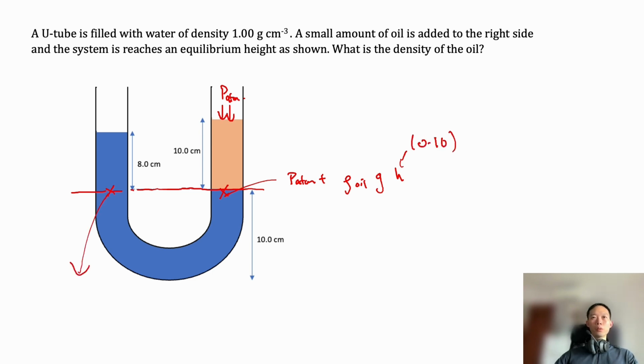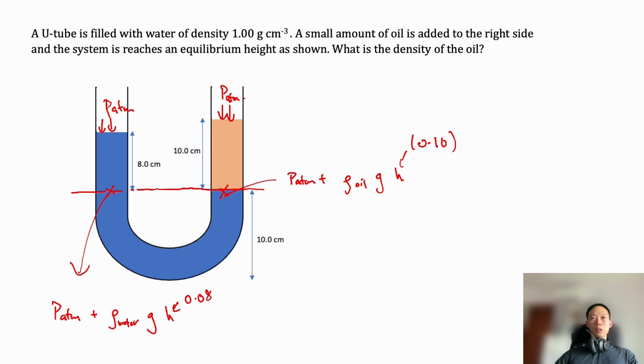Let's do the same and write out a mini equation for this point. Again, using the WAP idea, we have atmospheric pressure at the top, and then we add water pressure as we go further down. So pressure here would be atmospheric pressure plus rho of water times G times H, and H in this case would be 8 cm.